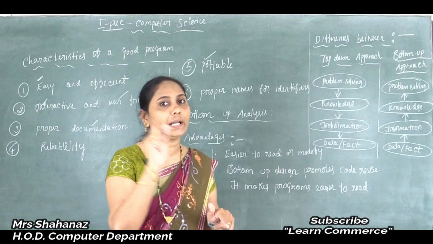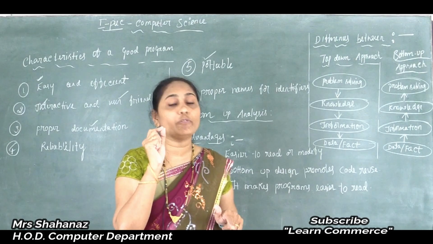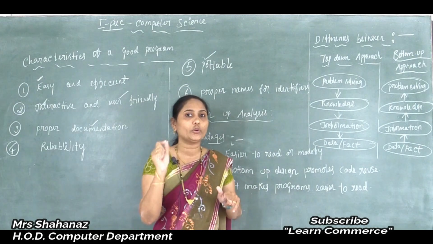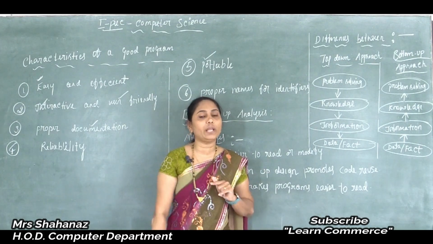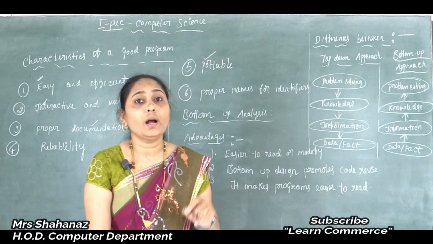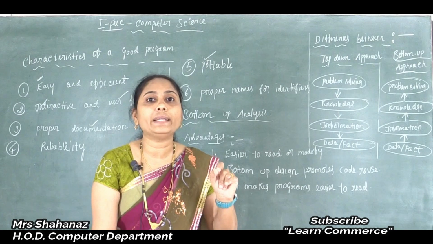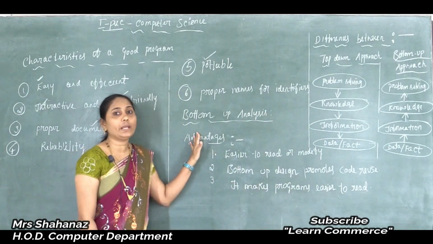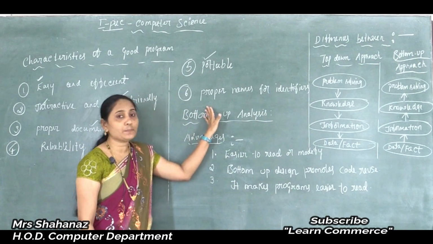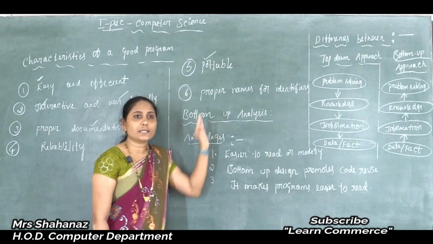And why do we need to give a proper and meaningful name to every element of the program? Because this proper name will help to identify the variable very easily, as well as its purpose.